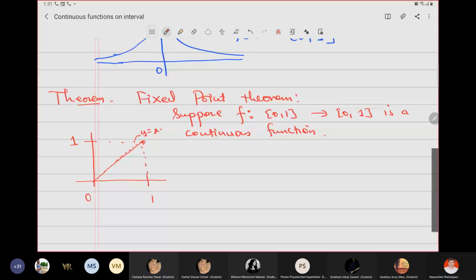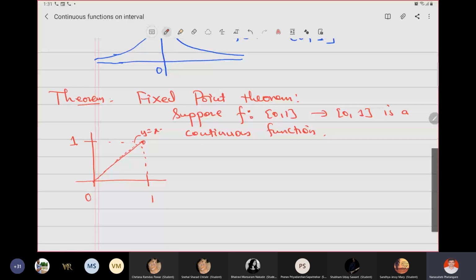No, sir. So you should try to sketch the graph of such a function anyhow. It must intersect the line y equals x. And what is the speciality of that point of intersection? What are the coordinates of that point? This point is on the line y equals x, therefore the coordinates are c comma c.